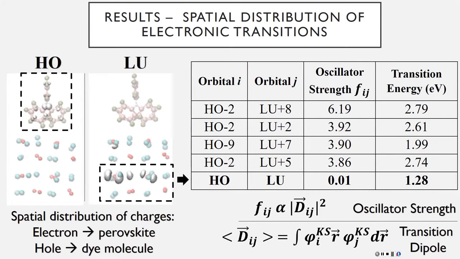But then if we look at states that do produce spatial separation of charges, like our HOMO and LUMO state here, where the electron would reside on the perovskite and the hole would reside on the dye, we do get charge separation there, but it has a very low probability of occurring because there's not much spatial overlap between the orbitals. They're on different sides of the materials, basically.